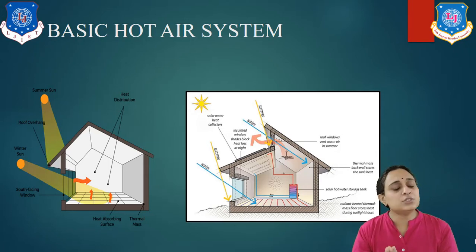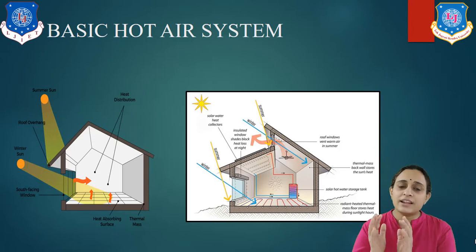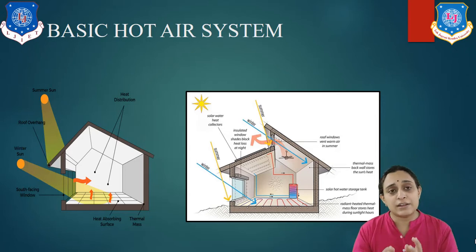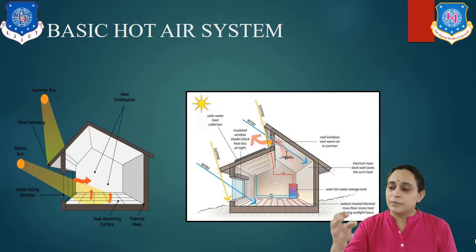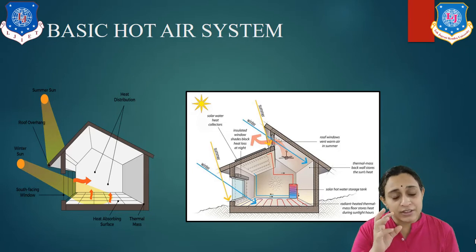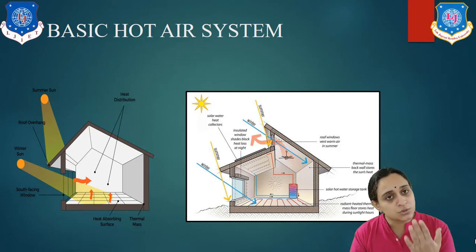Now let us start the basic hot air system. Flat plate solar air heaters are used to heat the circulated air. These are also flat plate collectors with tubes, and in the tubes we have to forcefully circulate the air. If the tubes get heated by solar radiation, the air inside will also get heated.